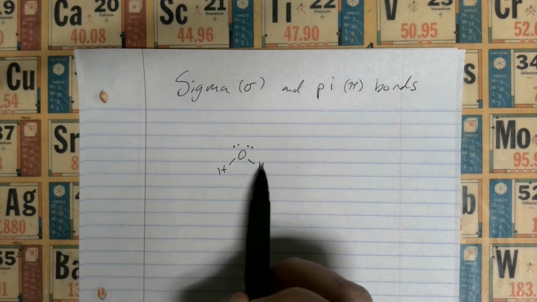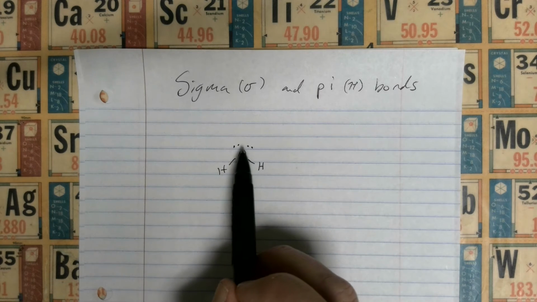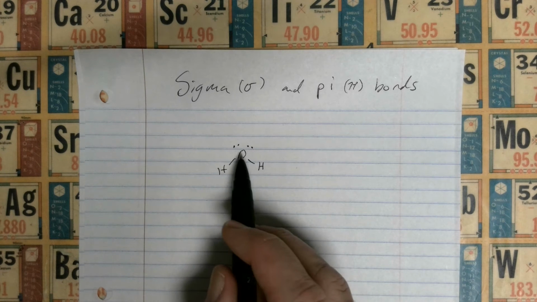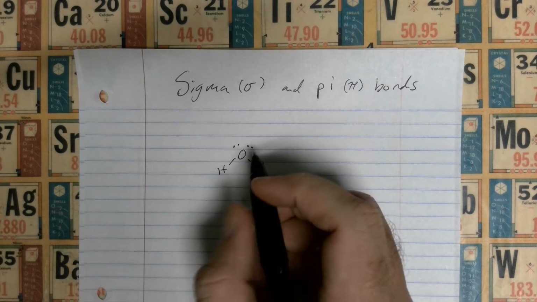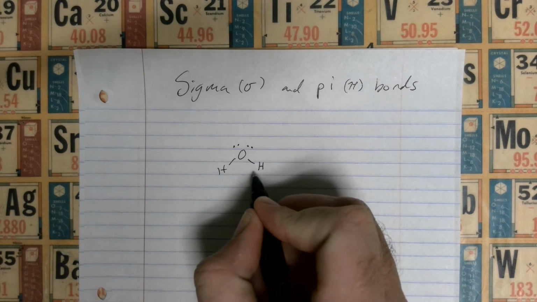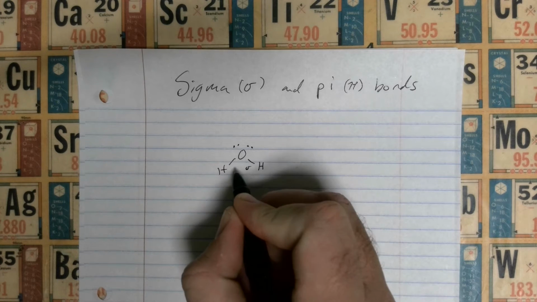So the s orbital and then the sp3 hybridized orbital from the O. And when those overlap, that sharing of electrons is known as a sigma bond.